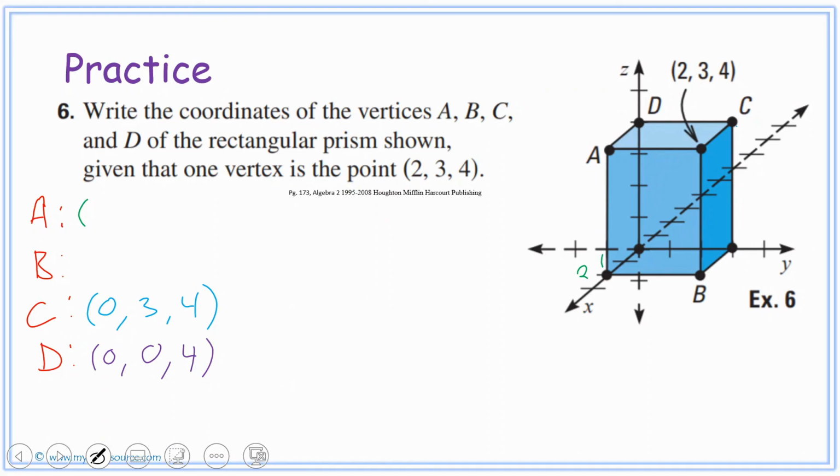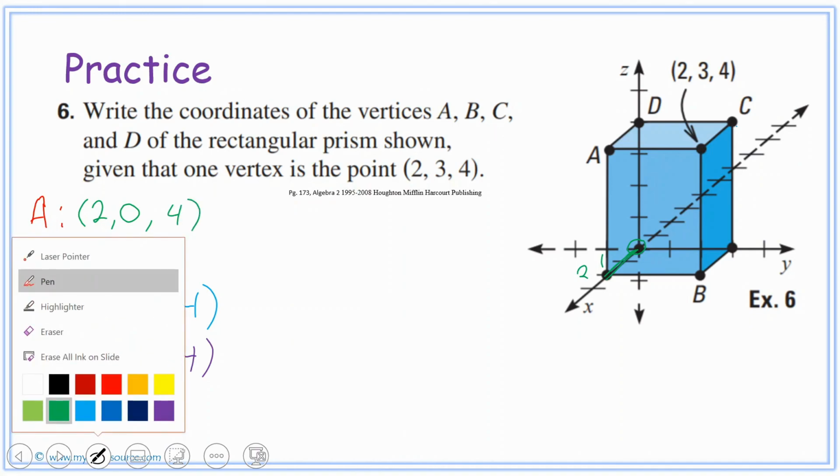So 2 units from the origin on the x-axis. So we know our point A is going to start at the value 2. Then we look at the y value. Now you notice on the y value, which would have been here on this line, the y values there are zeros. So that means that our value at that point is 0. And then lastly, because it's on the same plane as the very top of the box, we know that the z value will also be 4.